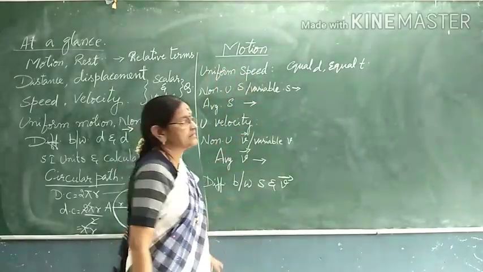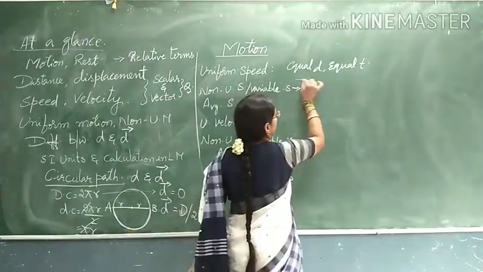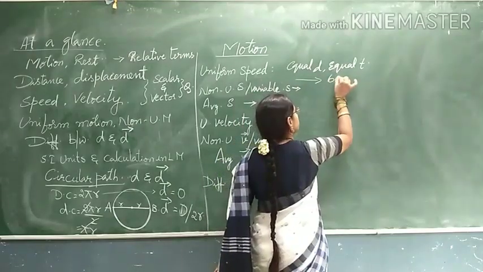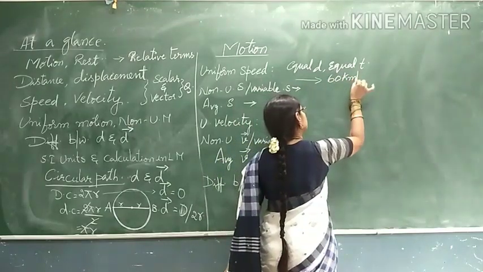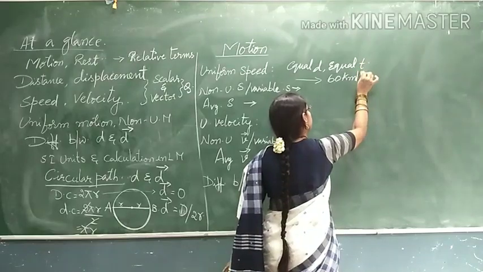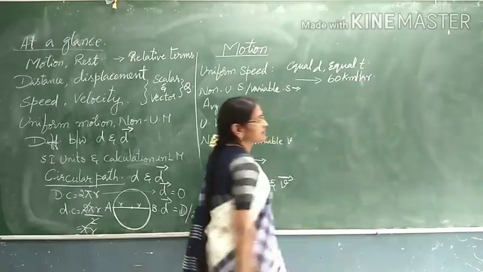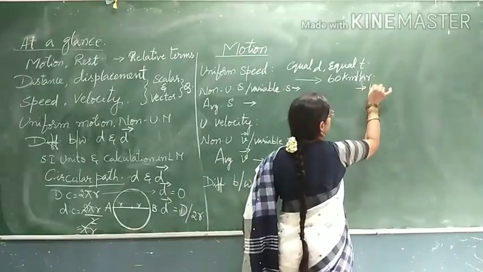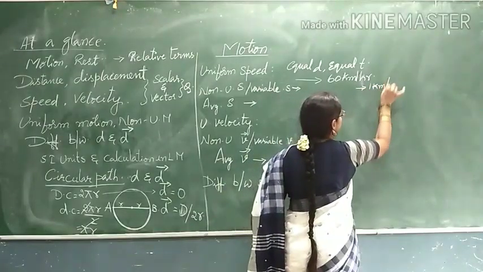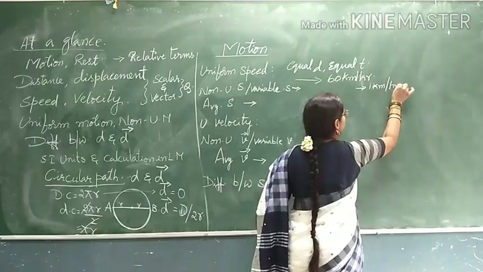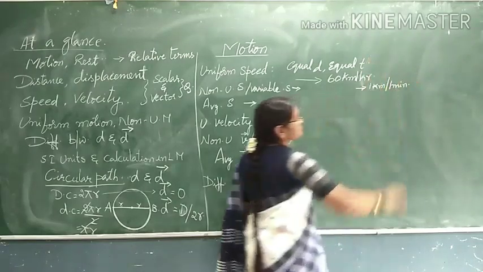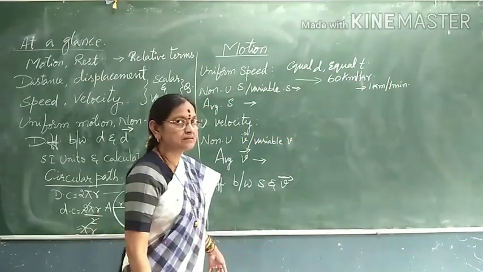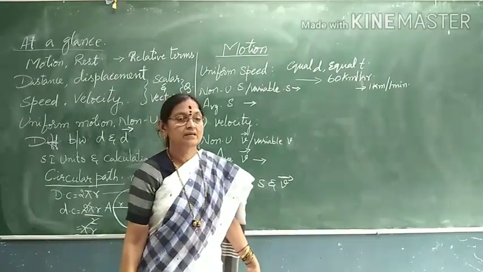Suppose you are saying that a car is moving 60 kilometers per hour, that means every minute it is covering 1 kilometer. 1 kilometer per 1 minute. Now 10 kilometers, 10 minutes. 30 kilometers.